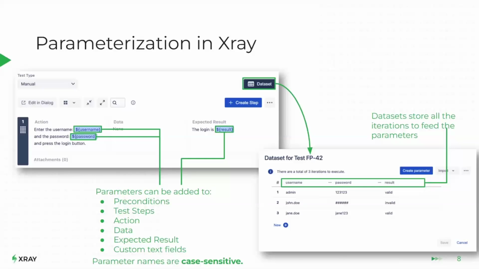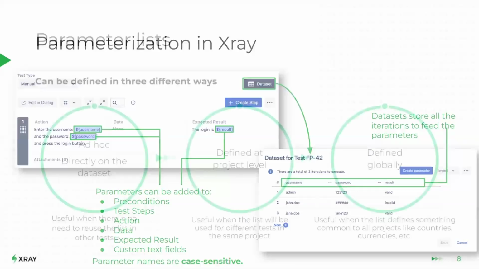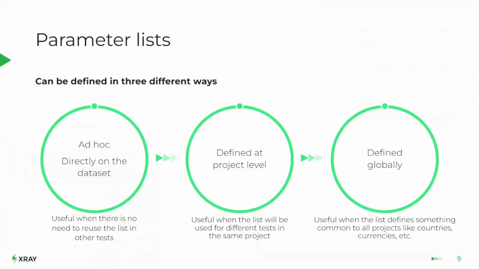While you can insert parameters into individual tests directly, there is also a more reusable approach. It is highlighted in levels 2 and 3 on this slide. The menu option in Xray settings is called Parameter Value Lists. The choice between project and global levels depends on your configuration and preferences.